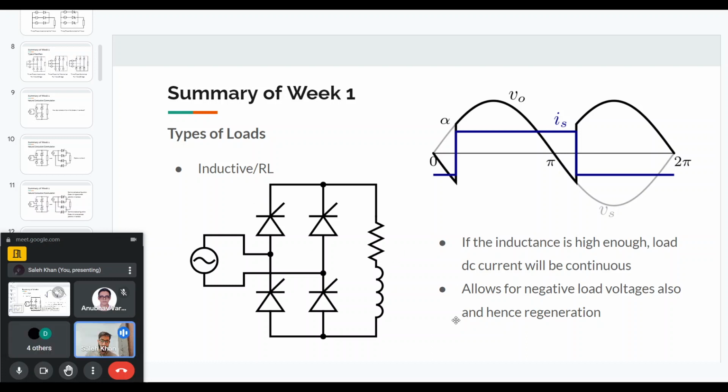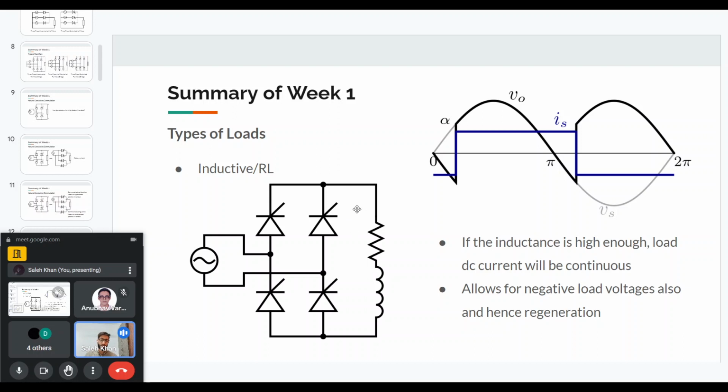But since in all the rectifier circuits that we have, the output current cannot be negative because the diodes and SCRs do not allow negative current. So if you see, if the current had been negative, then it would have to go in the negative direction for these top thyristors. But that is not possible.